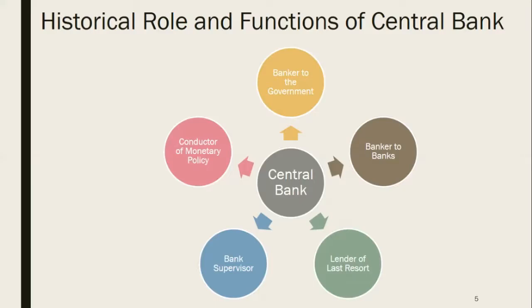It will create a financial panic. Then there might be a banking failure. So to avoid this banking failure, there should be some party to help out this distressed financial institution or commercial bank. So that party is the central bank.